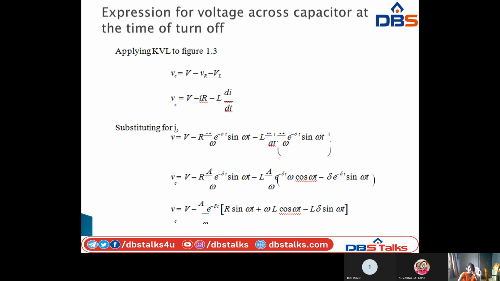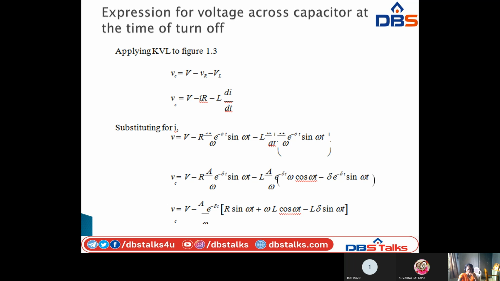Here inductor voltage VL equal to L di by dt. Substituting in equation 1, Vc equal to V minus R into the current already calculated, A by omega e power minus delta t sin omega t, minus L into d by dt of A by omega e power minus delta t sin omega t.